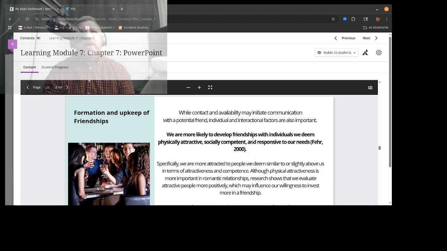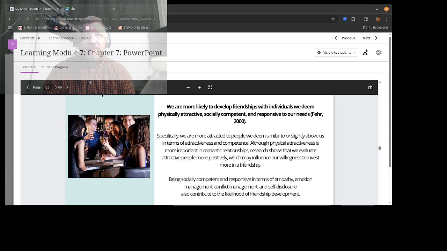We're more likely to develop friendships with individuals we deem physically attractive, socially competent, and responsive to our needs. See, here we go again, being selfish. We're silly like that. Specifically, we're more attracted to people we deem similar or slightly above us in terms of attractiveness and competence.